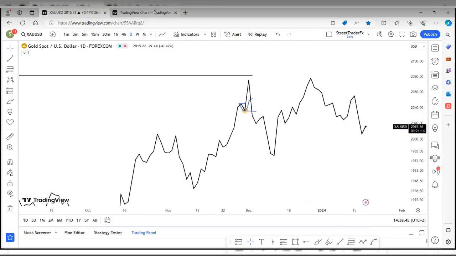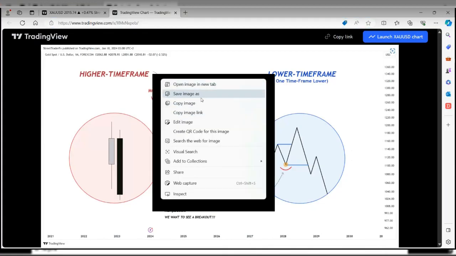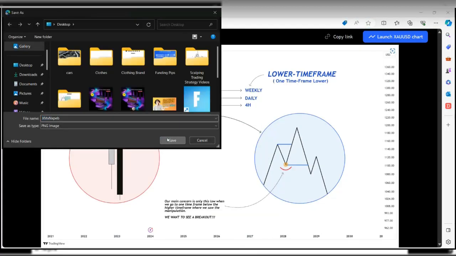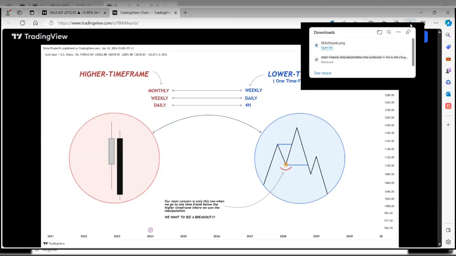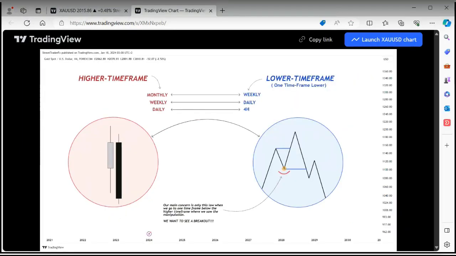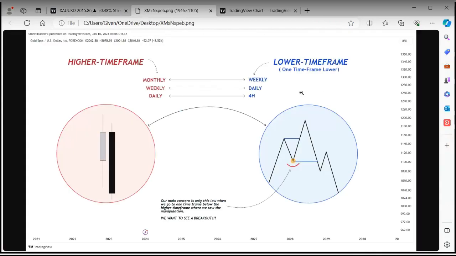Never mind. Let me just save this here. Okay, I'll just do this and bring it back and load it on my TradingView. I think it's much easier this way.